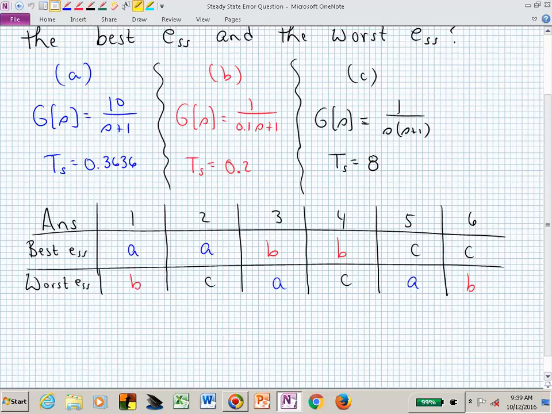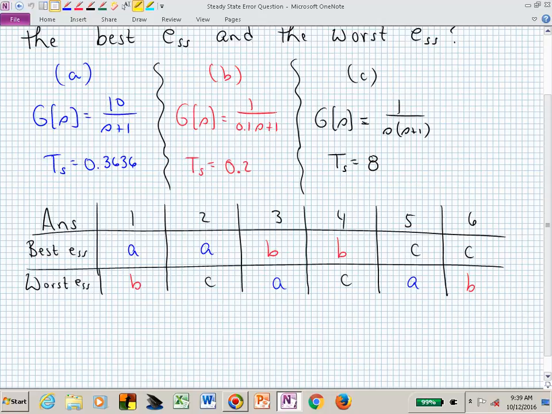How many think it's 1? A is the best and B is the worst. A, B. Okay. Number 2: A and C. Is anybody thinking?